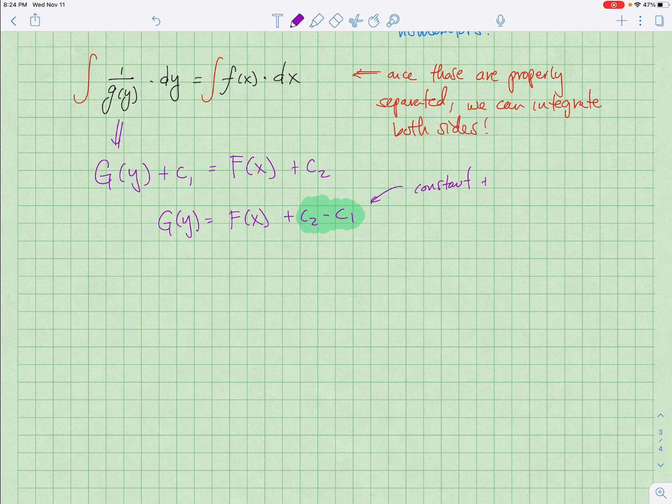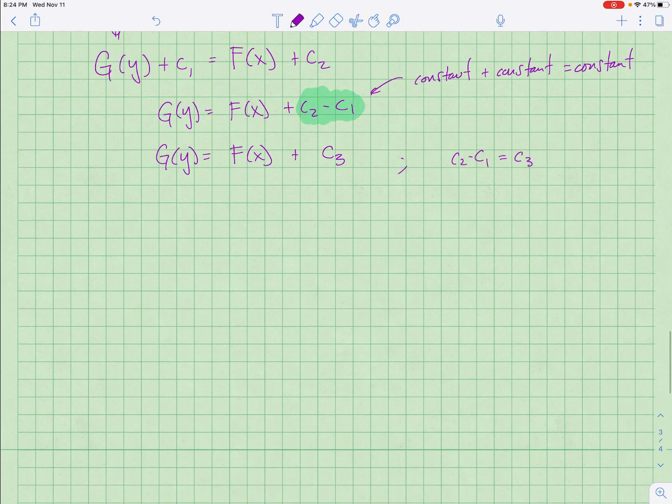Constant plus constant equals a constant. And since we don't know what they are, we can just say G of y is equal to capital F of x plus C3. And oftentimes what we do in our first course of differential equations is leave a paper trail letting us know, hey, C3 is really equal to C2 minus C1.